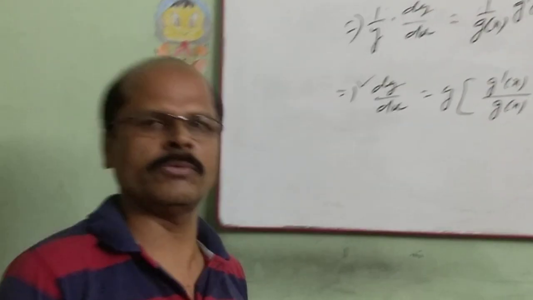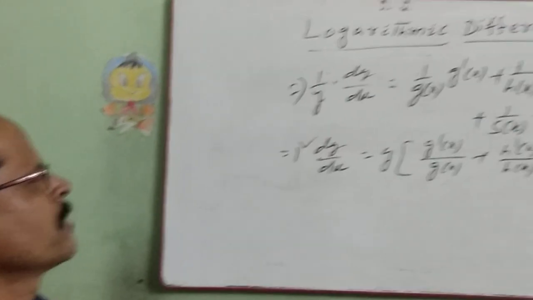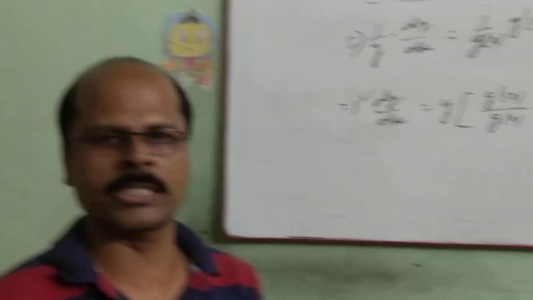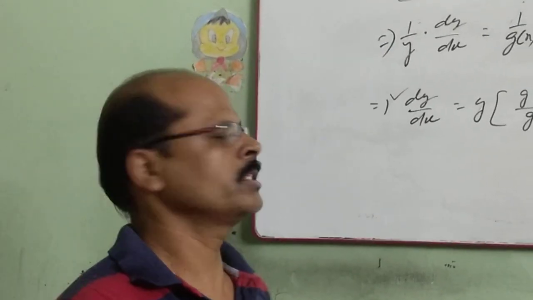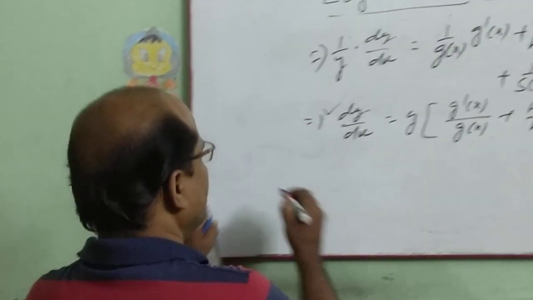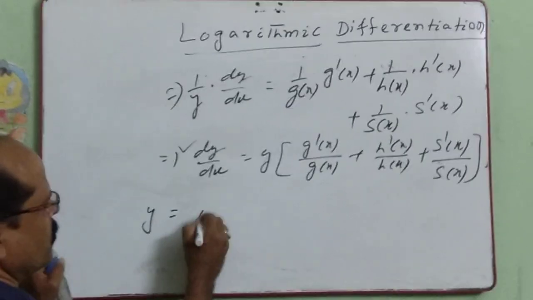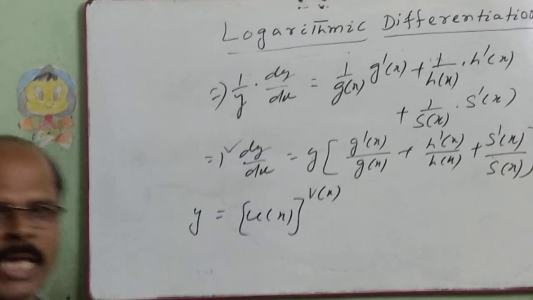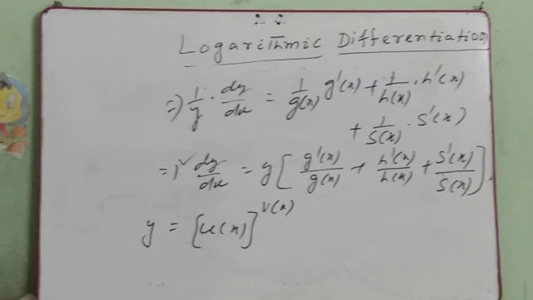So like this way you differentiate when the function is either u of x to the power v of x, or the product of two or more functions. In the case y equal to u of x to the power v of x, you can also directly write the short method.